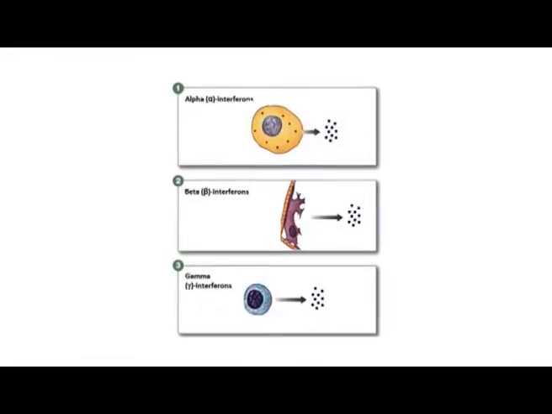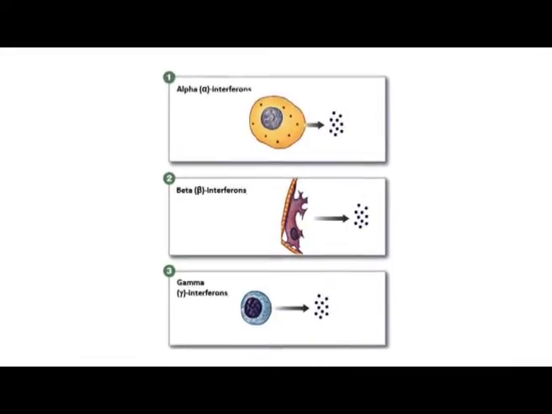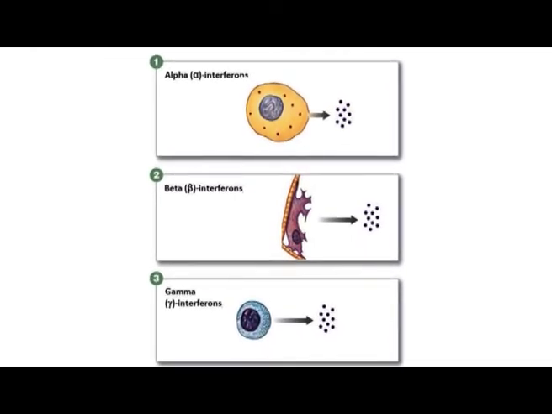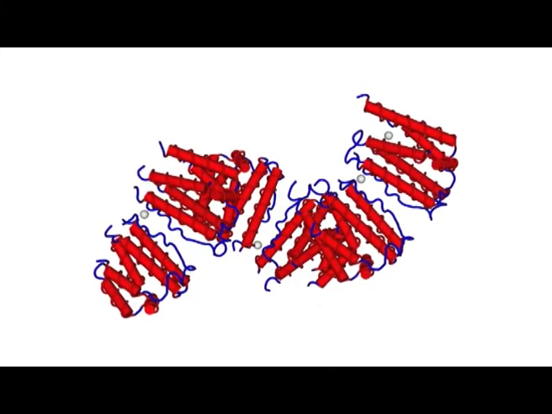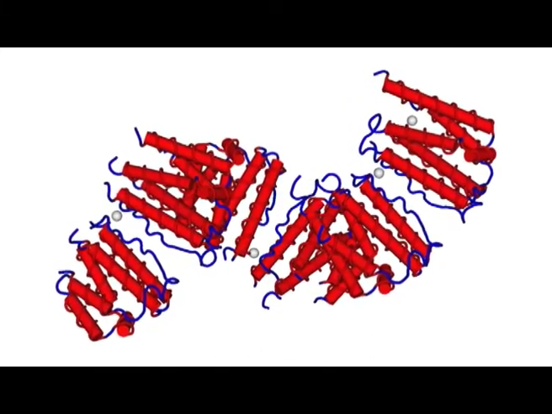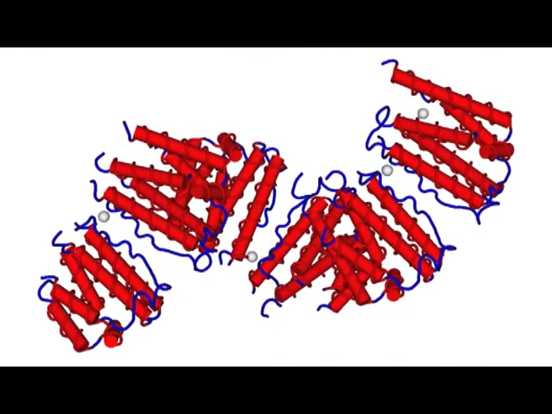There are three classes of interferons termed interferon alpha, interferon beta and interferon gamma. Interferon alpha is not a single substance but a family of approximately 20 proteins with similar activity.